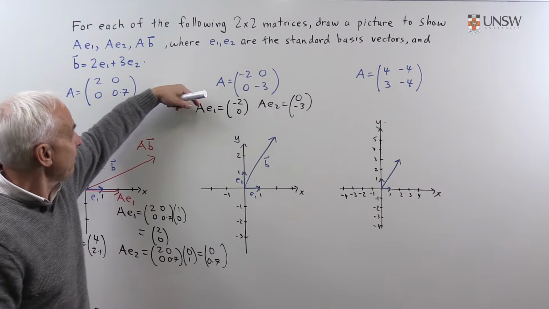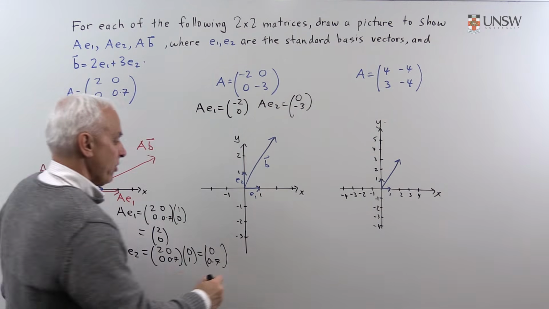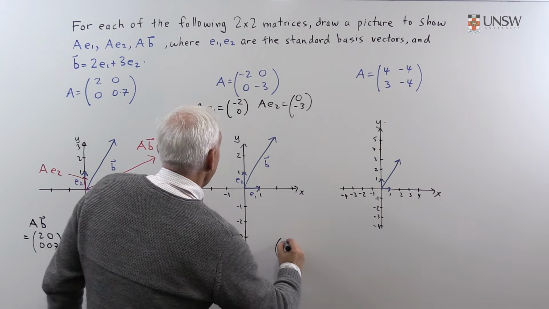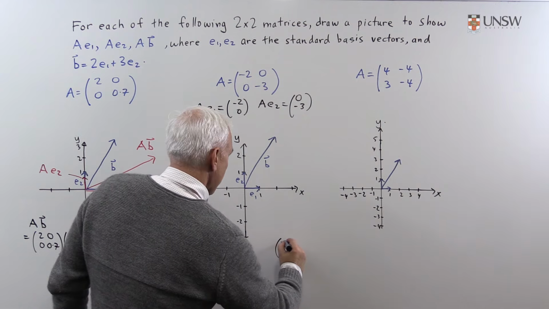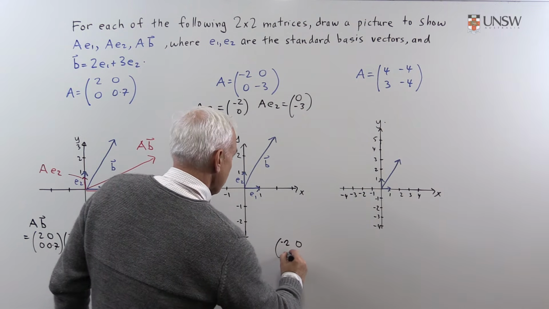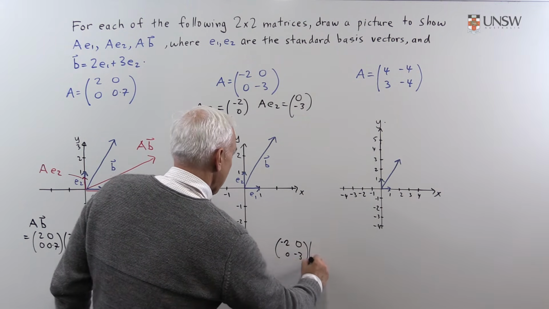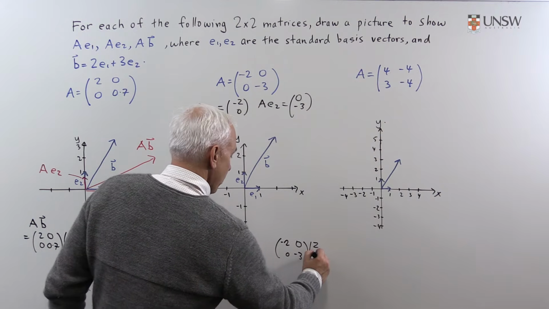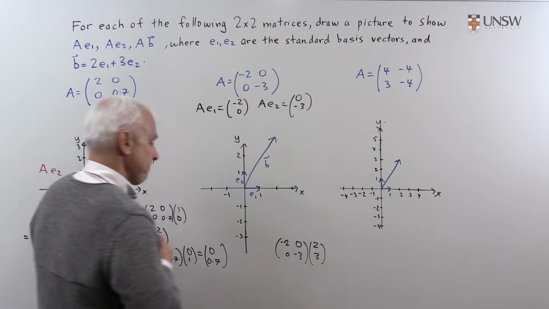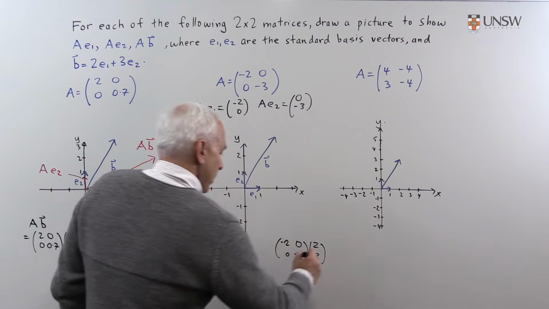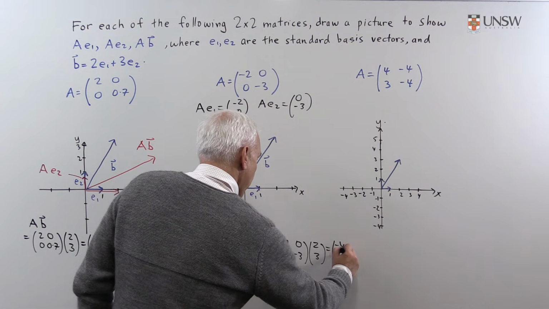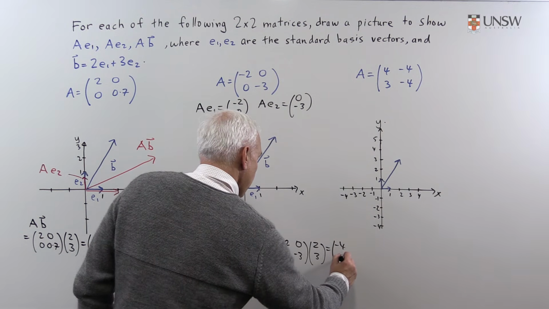Finding the effect on B is a bit more challenging, so we'll do that over here, say. So we get the matrix minus 2, 0, 0, minus 3, and we're going to multiply by the vector 2, 3. Which gives a total of minus 4 and minus 9.